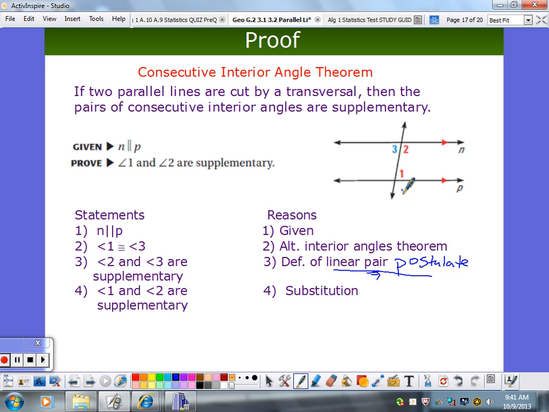And I just used some substitution here, saying because 1 is congruent to 3, then I can replace 3 with the 1. That's probably not a good reason. It should be transitive theorem of congruence. I'm going to change my mind there because I'm working with congruent angles.